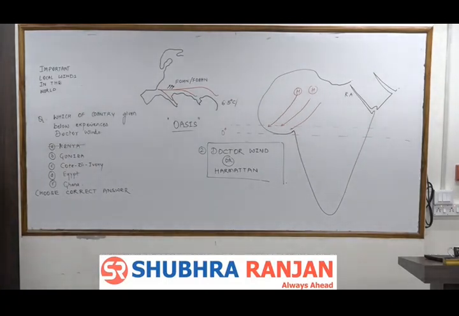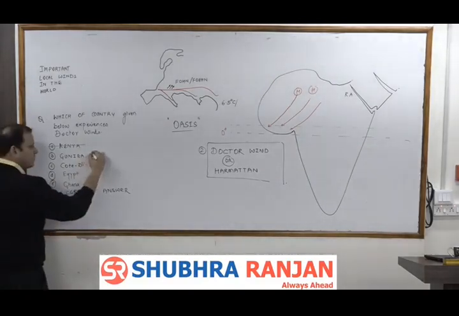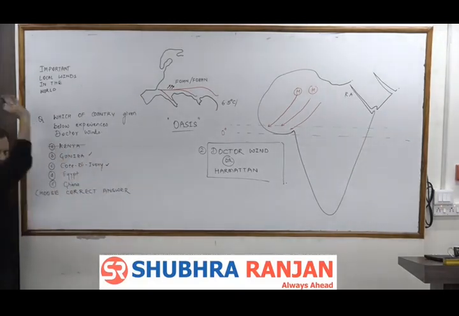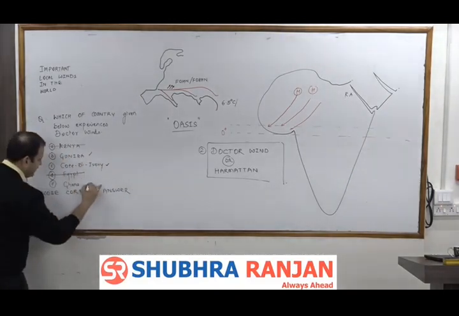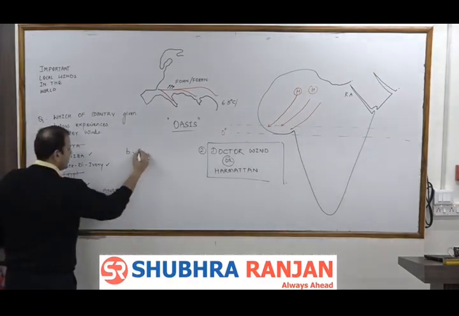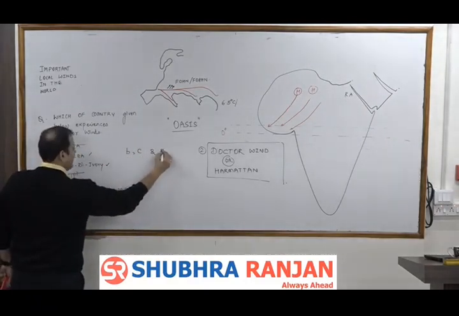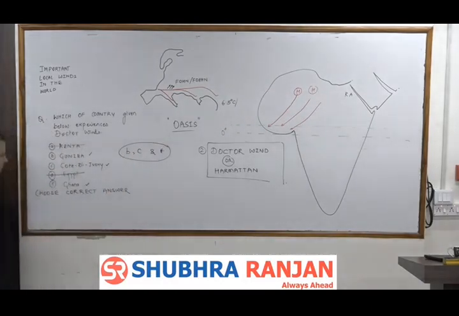Open the atlas. Guinea, Sierra Leone, Liberia, Cote d'Ivoire, Ghana. So Guinea, Cote d'Ivoire, Egypt, Ghana. Yes. So the answer is B, C, and E, sorry.